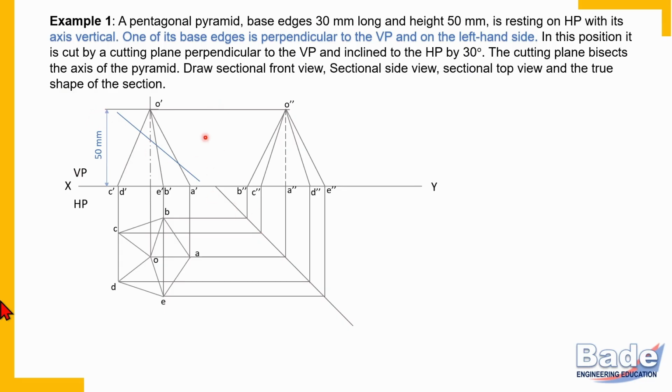Now listen. Sectional views are special purpose views to watch the internal details of the object. So when we cut an object, the portion nearer to observer is always imagined removed. So portion nearer to observer is removed portion, and portion nearer to XY line is a retained portion.